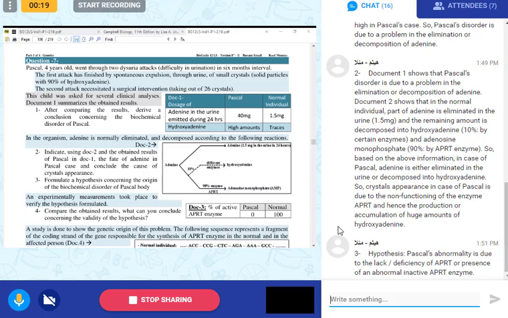Now we say of the gene producing the enzyme APRT, since a mutation is usually in the gene. Yes. So read the hypothesis please, number 3. Hypothesis: Pascal's abnormality is due to the deficiency of APRT or presence of an abnormal inactive APRT enzyme. Exactly. So either lack of APRT or abnormal inactive APRT. Right? Yes.